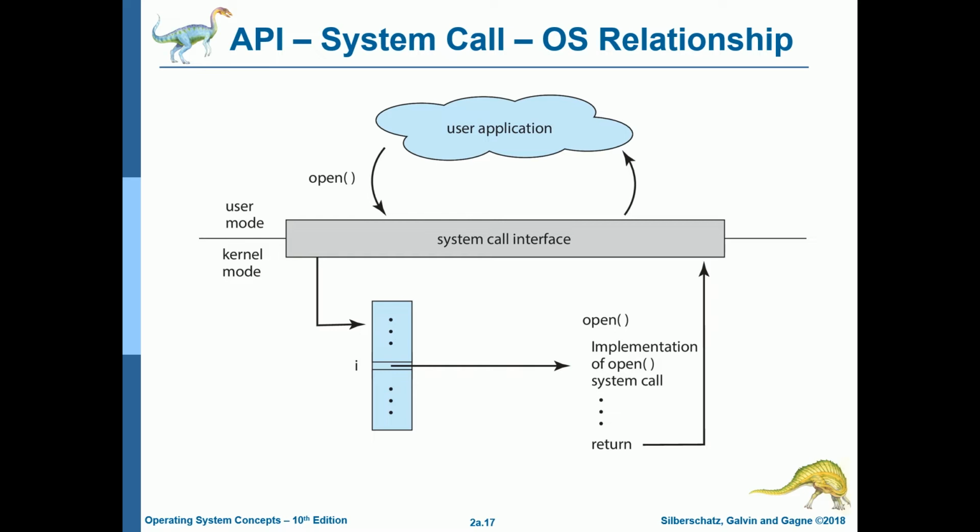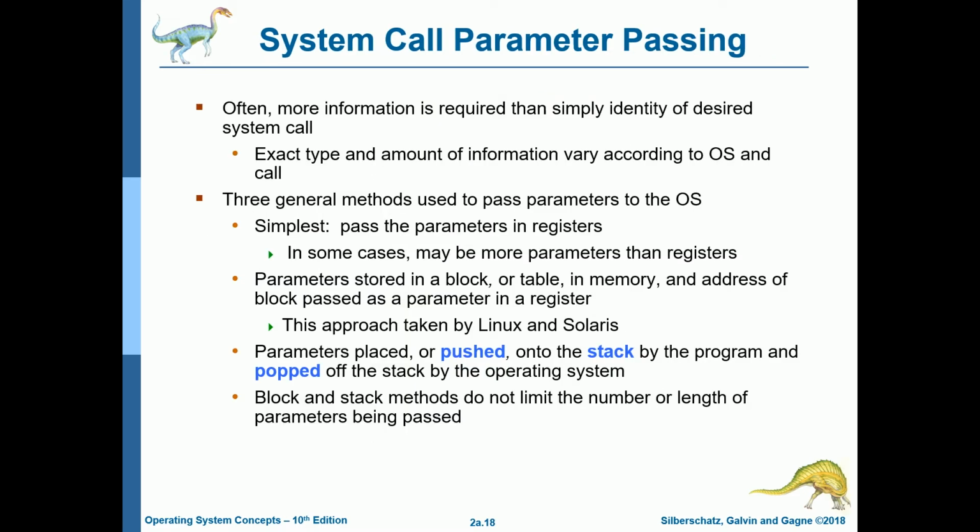Now we also have to consider that we need to pass parameters when we are invoking these system services. There are three general methods that are used to pass parameters to the operating system. The easiest approach is to pass the parameters in registers. However, in some cases there may be more parameters than there are registers.